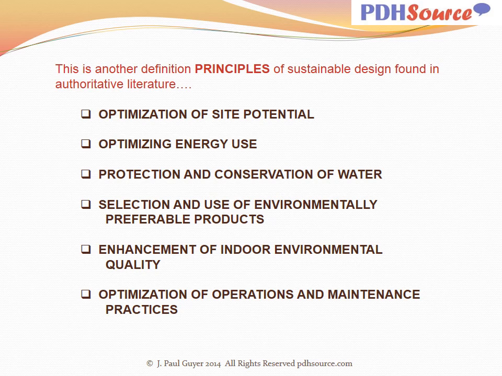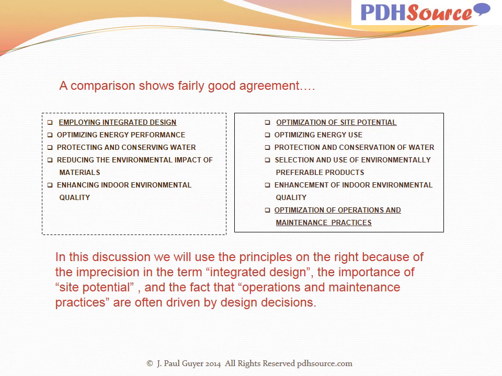So optimization of operations and maintenance practices, we as designers need to recognize that and be responsive to that, because there are many things that we do in the design of a building or related infrastructure that affect and may control what the O&M people can do once they take over the building for operations and maintenance. So that seems like a good one.